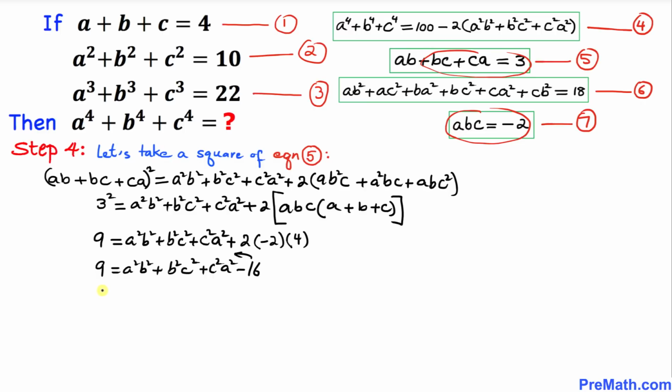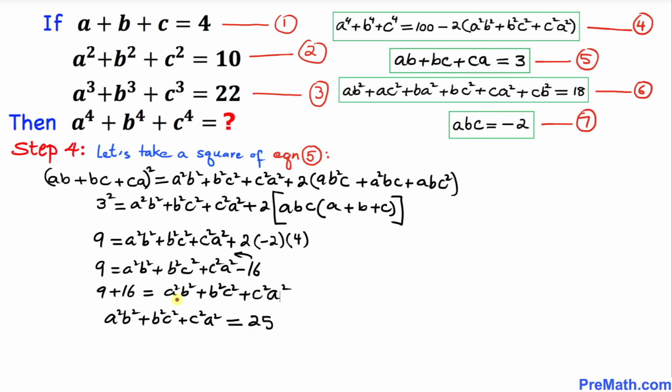So we got 9 plus 16 equal to A square B square plus B square C square plus C square A square. So thus we got A square B square plus B square C square plus C square A square turns out to be 25.